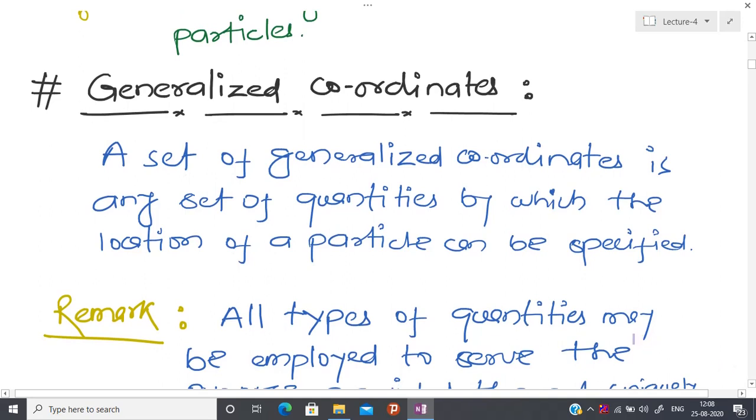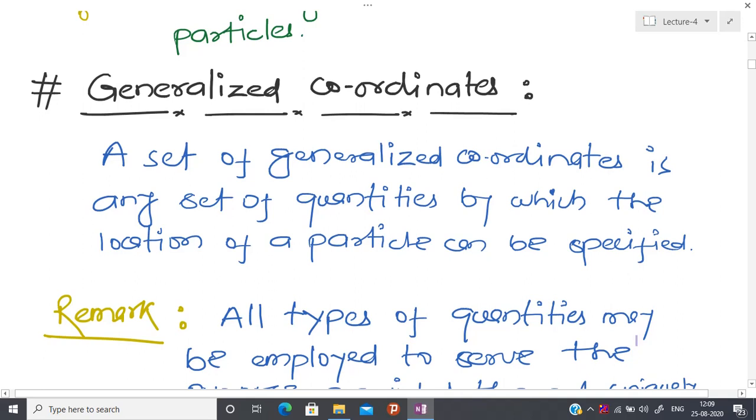Now let us come to another important quantity, called the generalized coordinate. What we have seen in the first part of our discussion is that we are just considering translation motion. If I have n particles, then for each particle I have three different coordinates, so basically I have 3n coordinates. But it might be possible that apart from translation I have rotation, and if we come to another class of systems like electrical systems, then I have different kinds of variables.